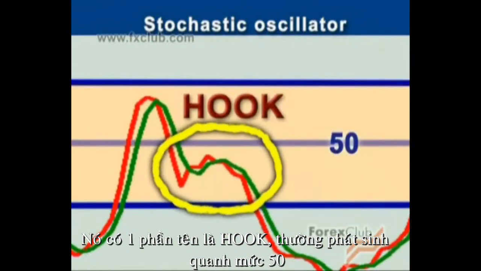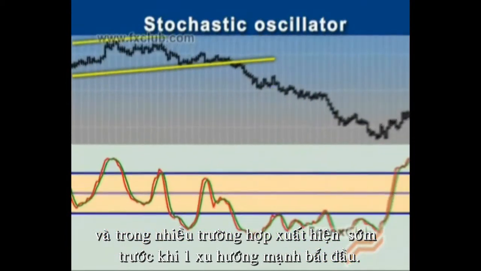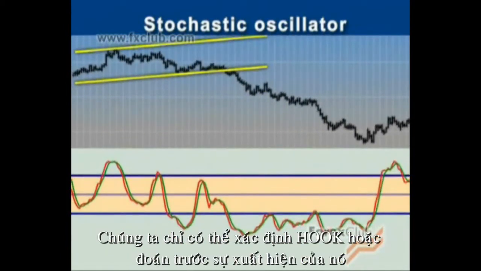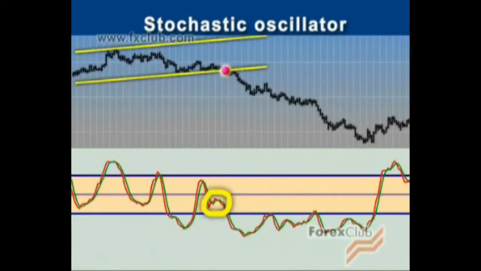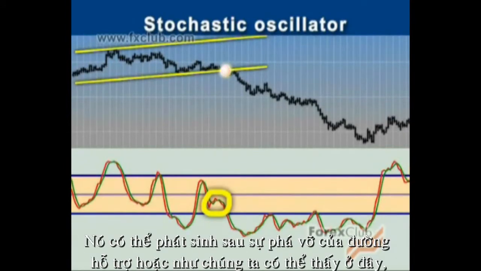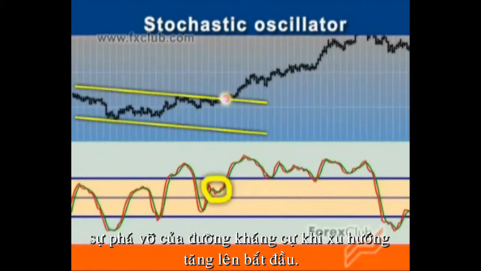Usually it occurs around level 50, and often it happens at the very beginning of a strong trend. We can only identify a hook or anticipate its appearance by watching price activity within the price channel. It may occur after a breakout on the support line, or, as we can see here, a breakout on resistance at the beginning of the uptrend.